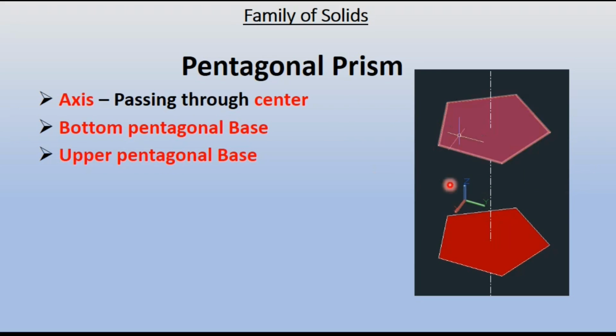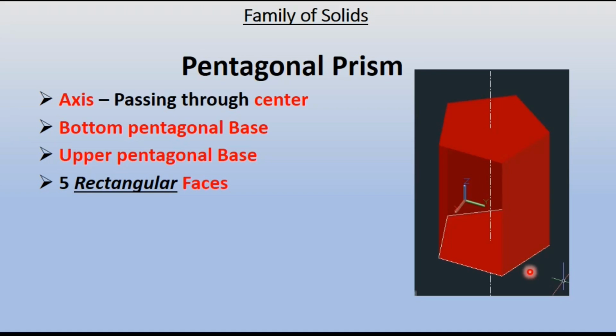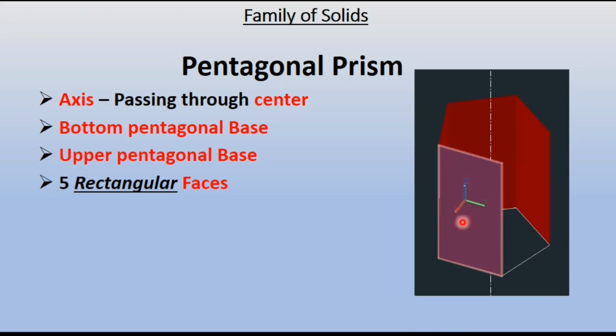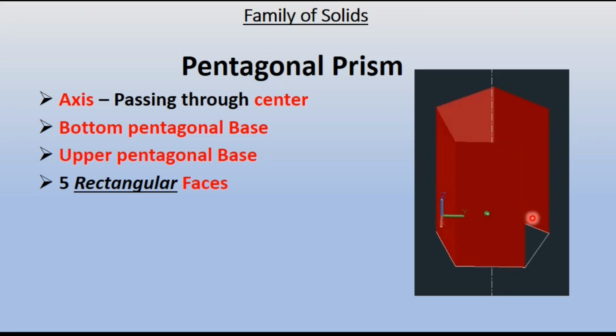There will be bottom and upper pentagonal base. As you can see, the pentagonal bases, bottom and top, and the pentagonal prism will have 5 rectangular faces. As you can see here, this is one of the faces, and I'm showing these are all rectangular faces.